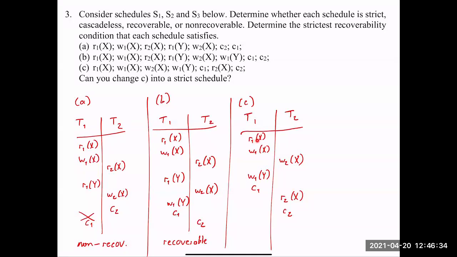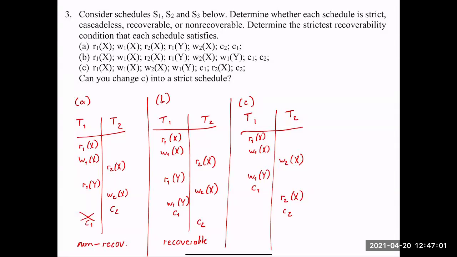So this read up here reads X, and X wasn't even written by anyone, so that is trivially true. And what about this read here? Well, it reads X, and when was X written the last time? Well, it was written here by this other transaction, but this other transaction, T1, has already committed. Okay, so this is fine. So it satisfies the definition of cascadeless.